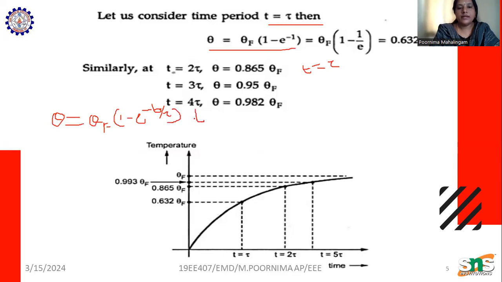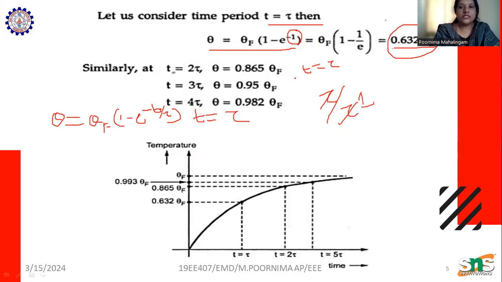Now applying t equal to tau, tau divided by tau cancels and gives 1. So theta is equal to theta f into 1 minus 1 by e, that is equal to 0.632 theta f.